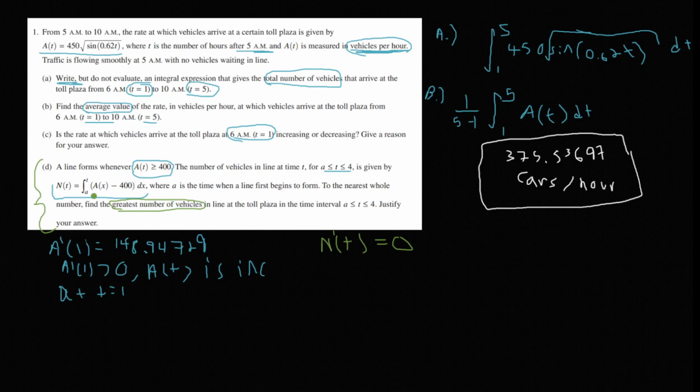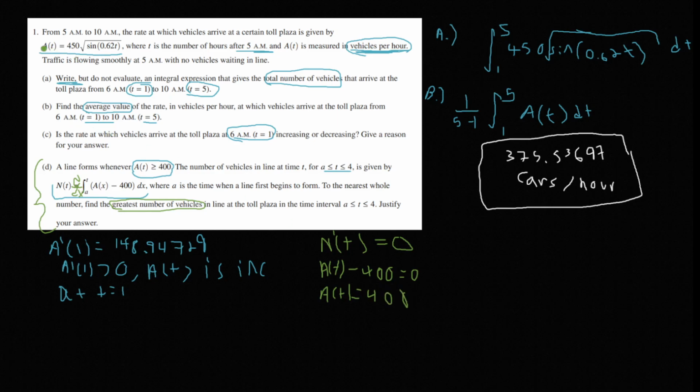And so if we do that, this is just taking the derivative of an integral, which is the fundamental theorem of calculus. So that would just be a of t minus 400 is equal to 0, and a of t is equal to 400.